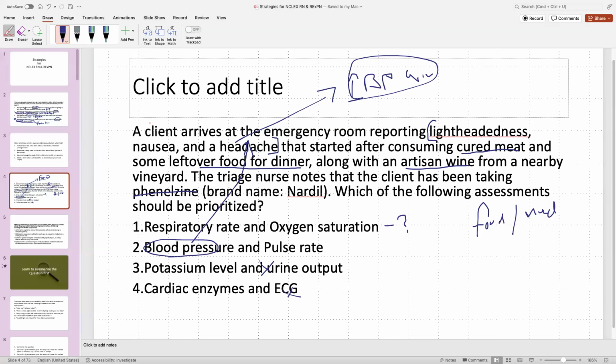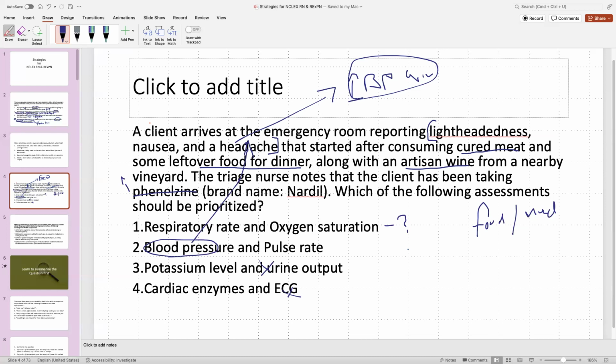But what happens when we start preparing? Most of us focus on unnecessary things. Of course, phenelzine, when it mixes with some aged food, will cause hypertensive crisis. That is the knowledge. When this medication mixes with aged food, like artisan wine, which is made at home or in the farmhouse.